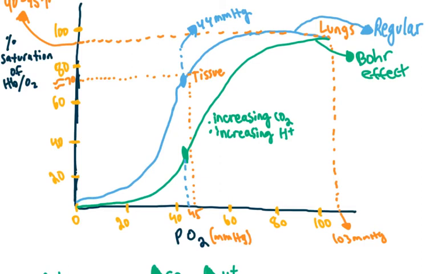Because of that competition, we're going to be kicking off way more oxygen that was bound to the hemoglobin. What does that mean? We're decreasing the percent saturation of oxygen bound to hemoglobin. So if at this particular point we increase the CO2 production in the muscle cell, we're going to increase the CO2 levels in the red blood cell, which eventually leads to an increase in H plus.